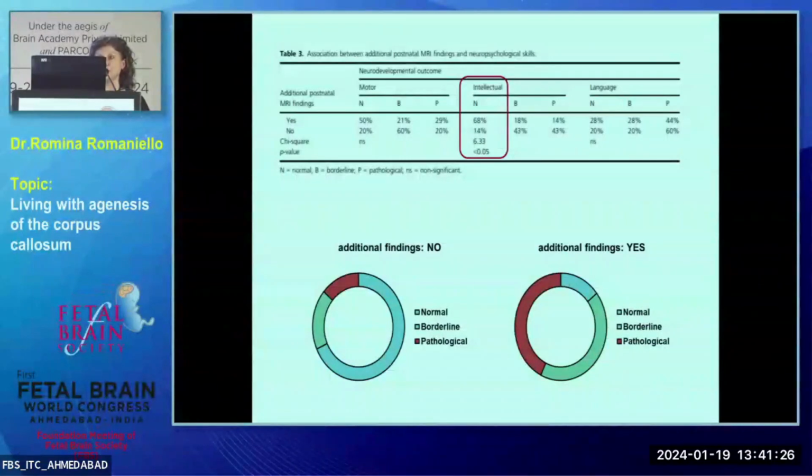So when you have the presence of additional findings on postnatal MRI, you can see the presence of intellectual impairment. This is the only significant result, a correlation of this study.